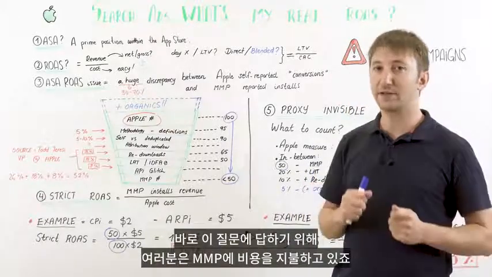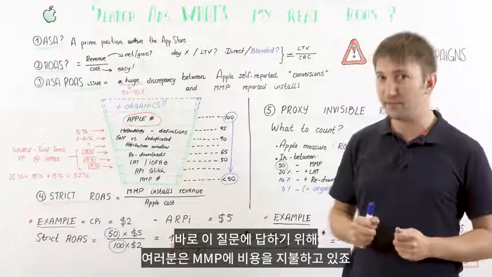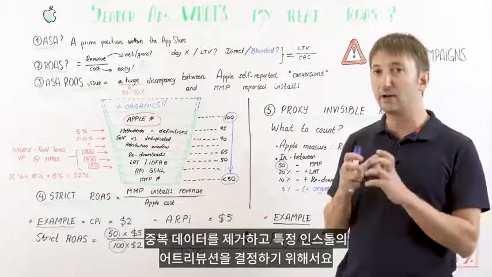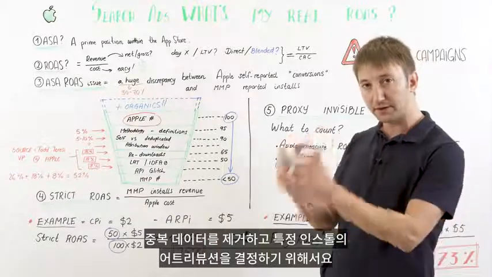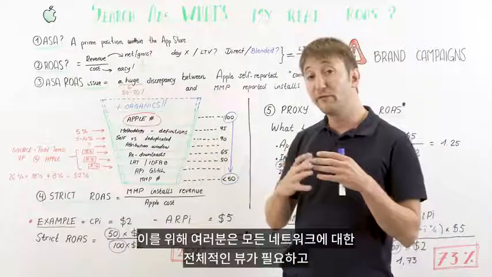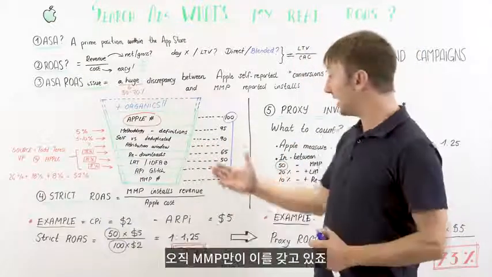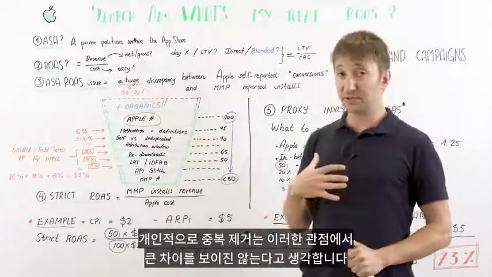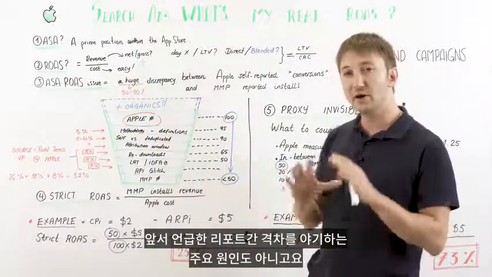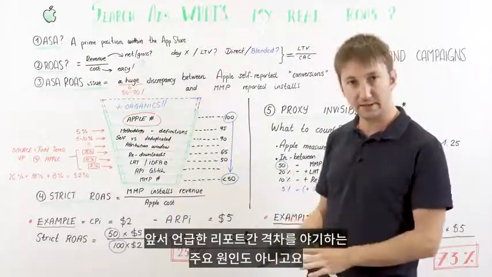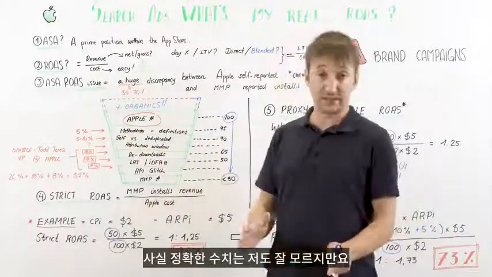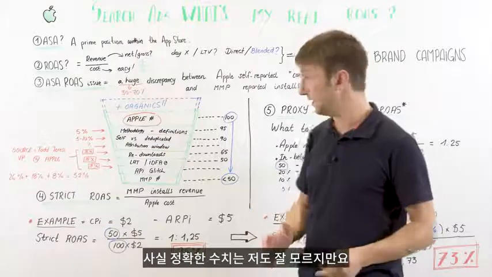That's actually what you're mostly paying the MMP for, to do this work of deduplicating and understanding which channel should be attributed this particular install. So you need the view of all the networks to do that, and only the MMP has that. I personally believe that the deduplication is not a huge discrepancy in this matter, is not the main factor for the big difference we mentioned earlier. So let's say it's 5–10%. The truth is, I don't know the exact number either.